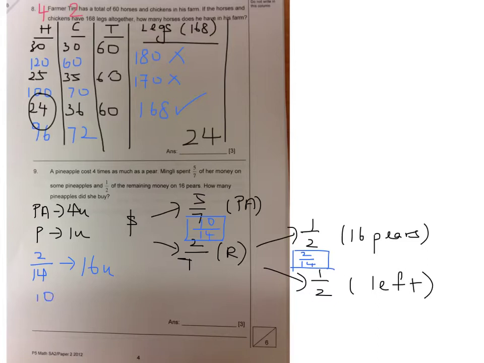So if I have 10 over 14, I have to times 5. 2 times 5 gives me 10, 16 times 5 is 80 units. 1 pineapple is 4 units, so 80 units divided by 4 is 20. I'll be able to buy 20 pineapples.